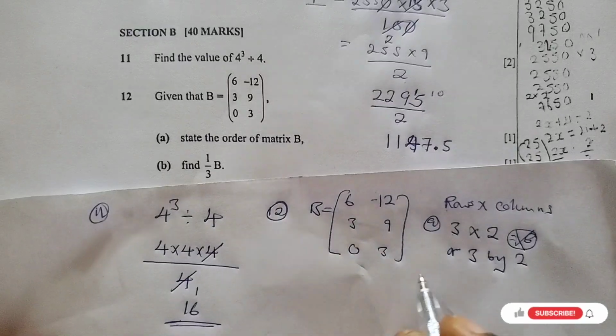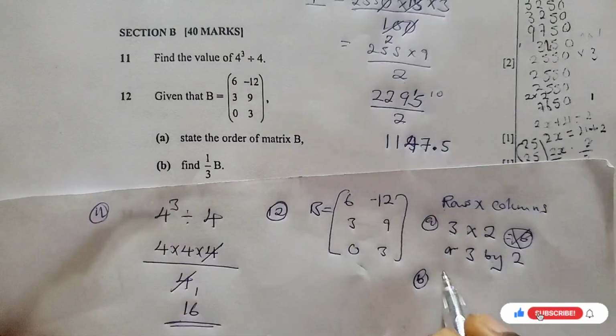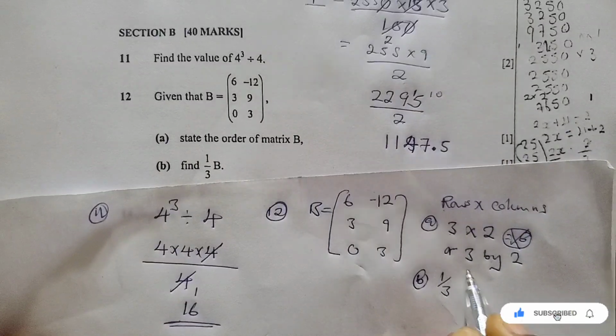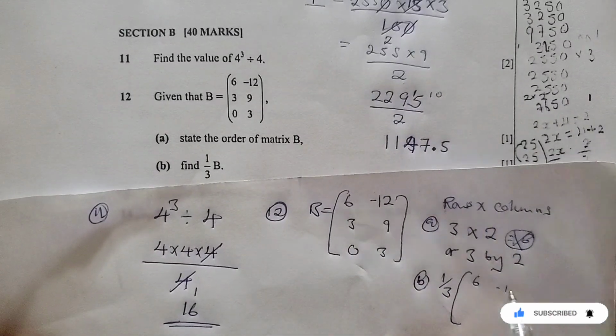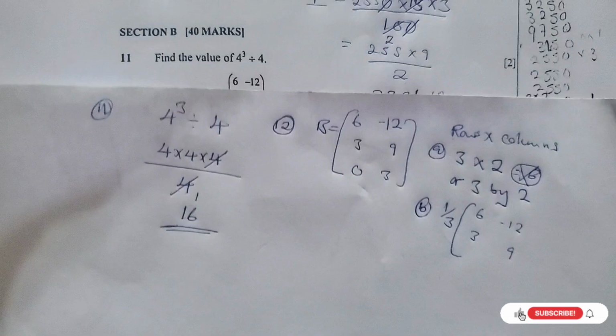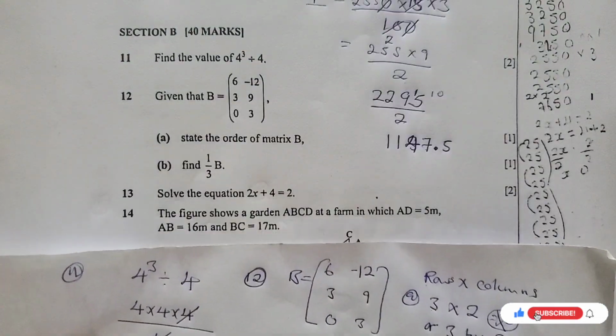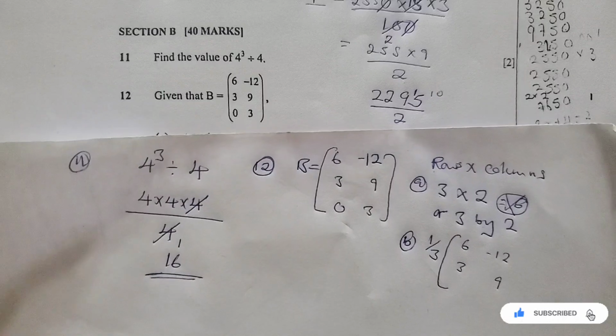Let's go to B. B is saying find 1/3 of matrix B. Matrix B is this one, 6, negative 12, 3, 9, 0, 3.